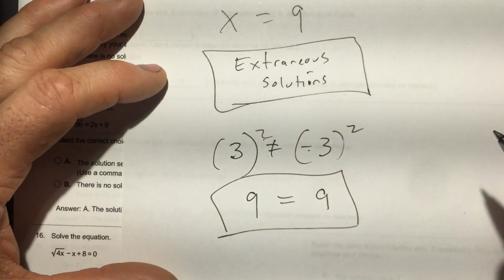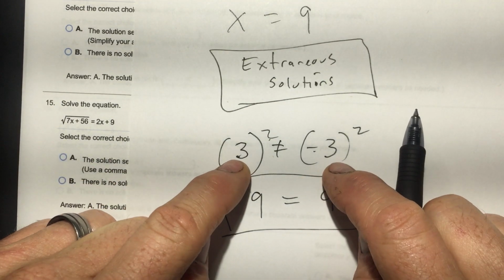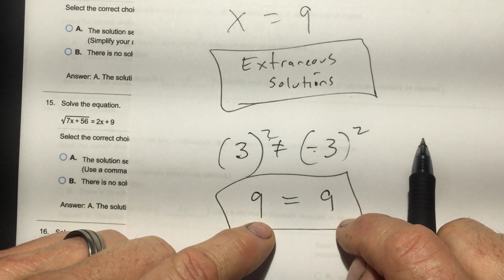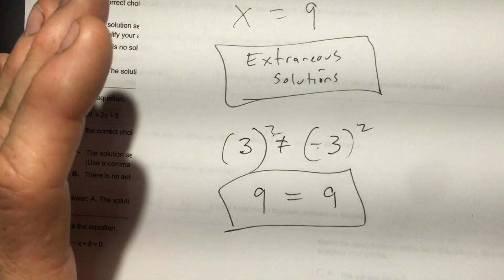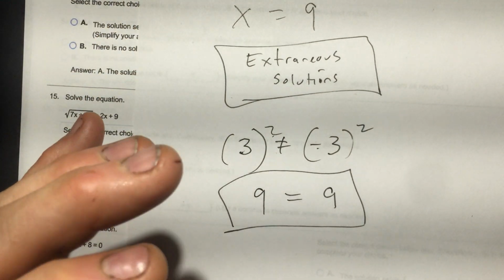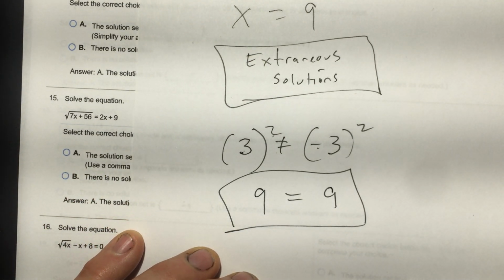You make them equal. So this is what an extraneous solution is: when you take two things that are not equal and you square them and you make them equal. That happens sometimes when we solve these. So every time you solve these, you have to check your answers to make sure they're good and not extraneous.